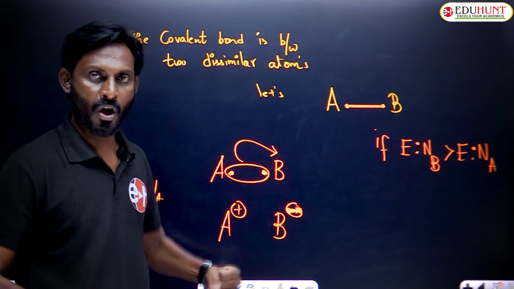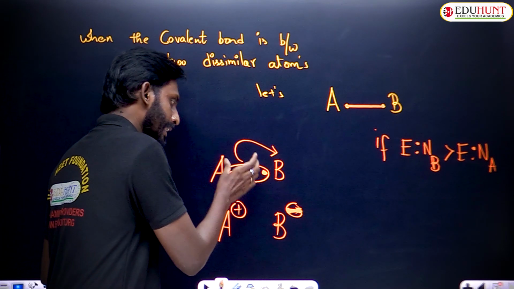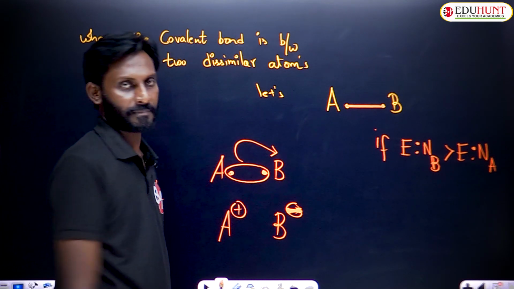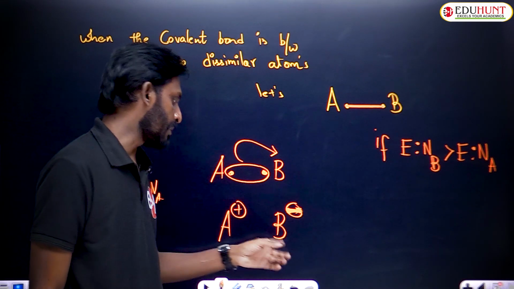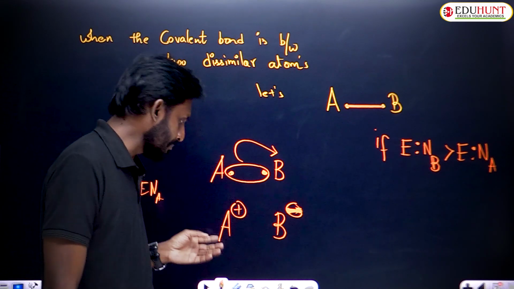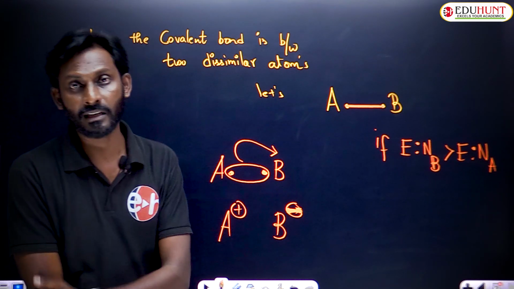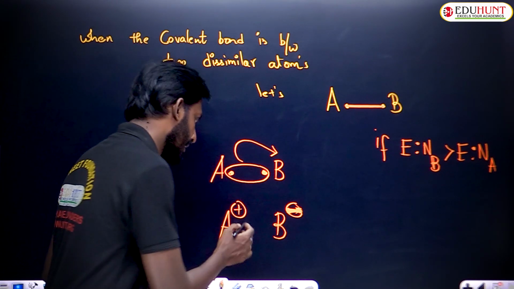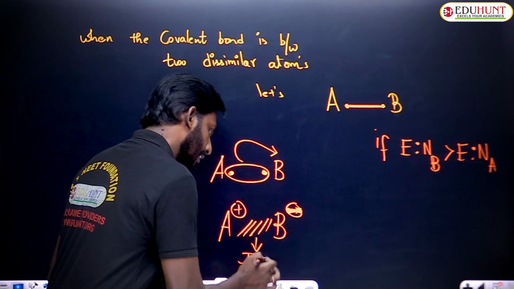B is strong enough, B is capable enough to pull that electron pair completely towards it. Because of that, B becomes negatively charged, you call it an anion. A becomes positively charged, you call it a cation. Obviously, between cation and anion there is an invisible attraction. You call that attraction an ionic bond.